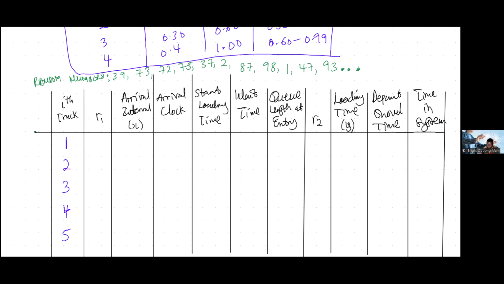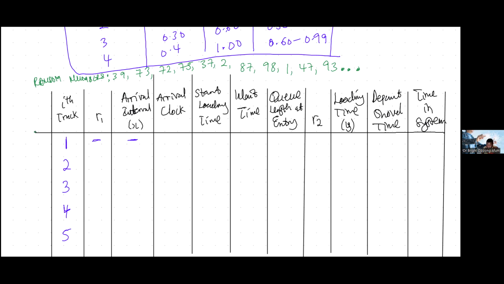So then we'll take them one by one. What we'll do is look at the first random number during arrival. Usually there wouldn't be any random number for the arrival time because there is no interval. The system will start when the truck is being loaded.